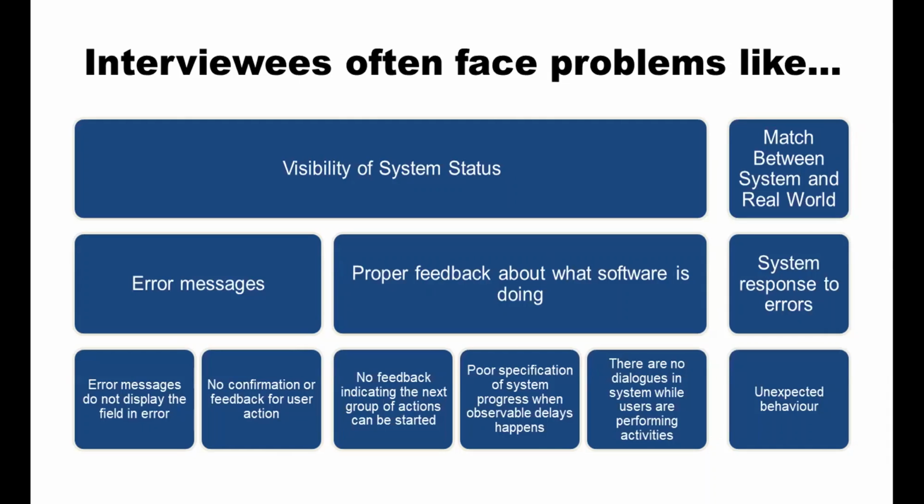So from these problems, we can list: error messages that do not display the field in error, no confirmation or feedback for user actions, improper feedback about what the software is doing, no feedback indicating the next group of actions can be started, poor specification of system progress when observable delays happen, and no dialogues in the system while users are performing activities.